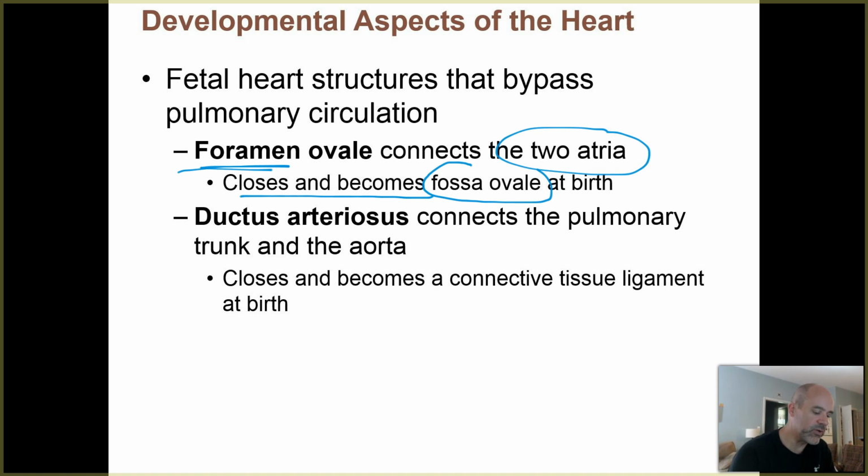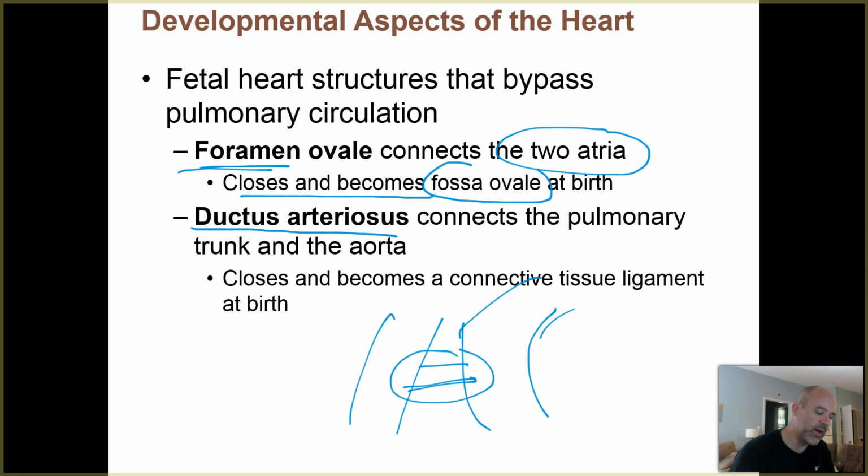Then there's another feature called the ductus arteriosus, which is a passageway. Here's your pulmonary trunk, and over here you've got your aorta. There's a little passageway between the two while you're a fetus, and that is called the ductus arteriosus. And again, it's fine for blood in the aorta to pass into the pulmonary trunk because it does not matter.